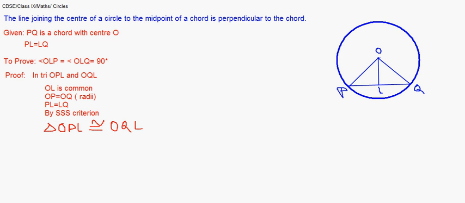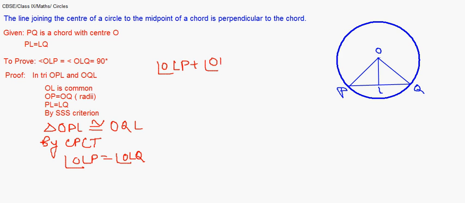Now what we get by CPCT is angle OLP is equal to angle OLQ. At the same time, they are making a linear pair. So OLP plus OLQ, that's 180 degree. Now we substitute one with the other. Maybe I substitute OLP with OLQ from this one.